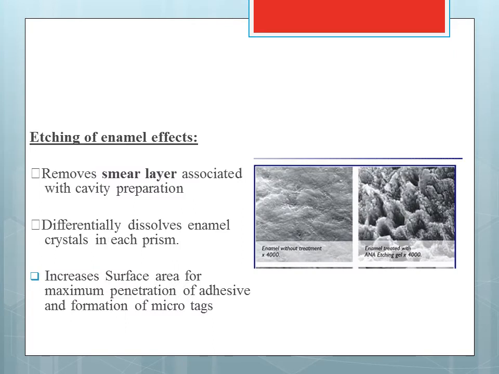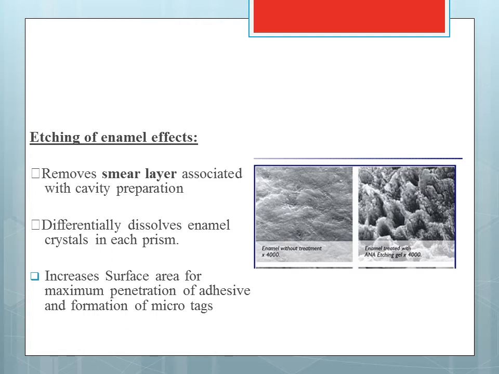The effects of etching: if someone asks you what the effects of etching of enamel are, firstly the smear layer is removed, which was associated with cavity preparation. When you did the cavity preparation and instrumentation, the smear layer was formed obviously.